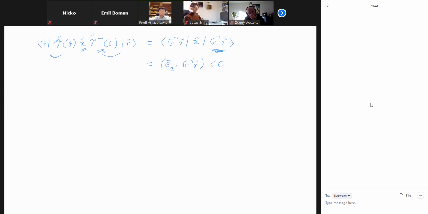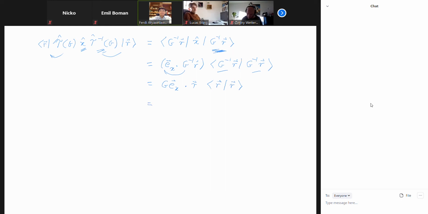And we get g^-1 r like this. So I can take the g here. So then we get g e_x dot r. And this thing is just equal to r because we rotate both sides.